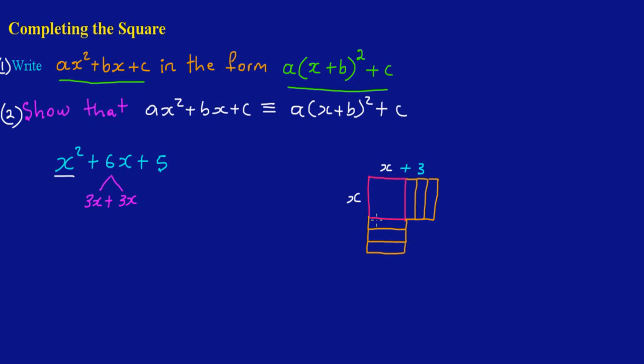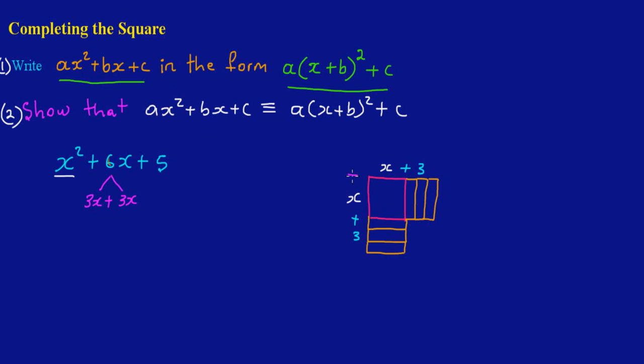Now what this basically is saying is I have divided my b into 2, or taken half of b, and I've added 3 to this side, and now I must also add 3 to this side. So this again is x plus 3.